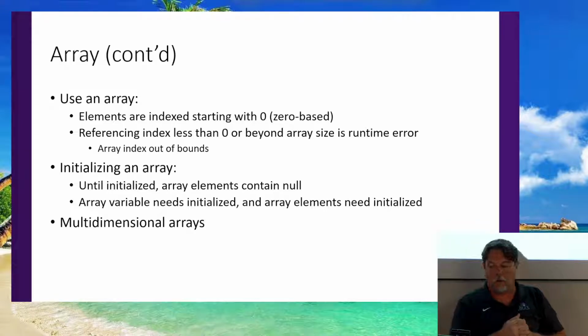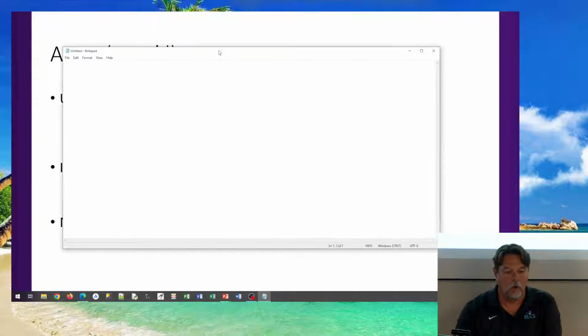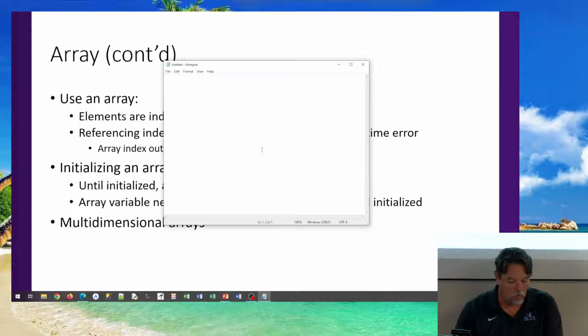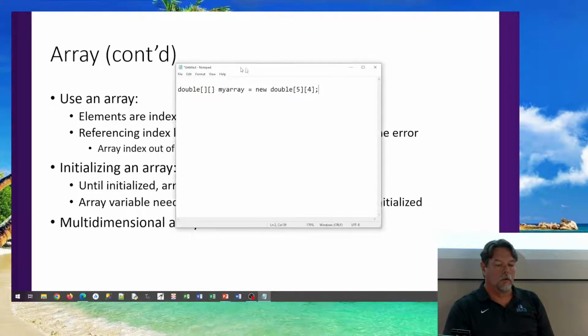If I say I want an array of, let's do a tangible example here. So something like that. Is that a multi-dimensional array?